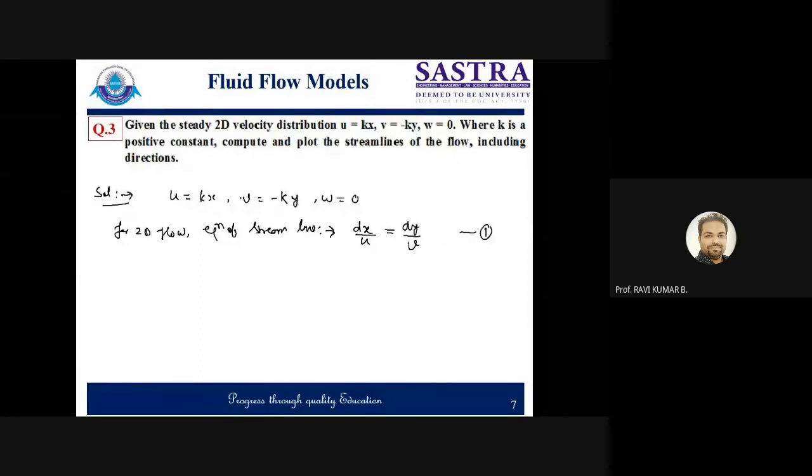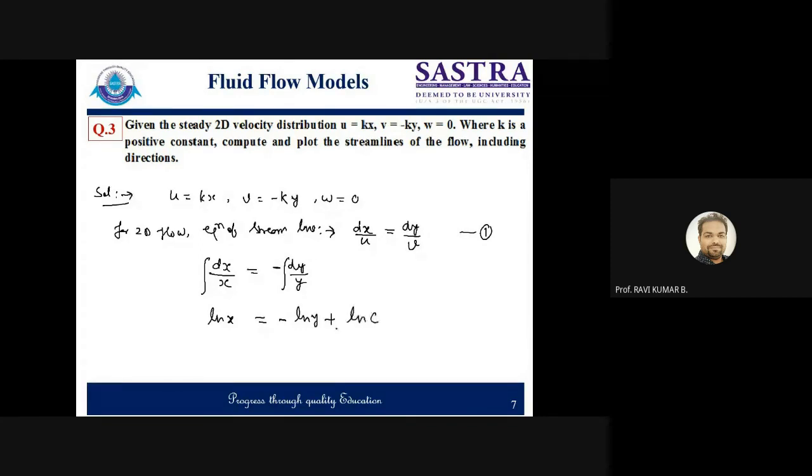Just put all these values. The moment you put the values, this becomes dx divided by x is equal to minus dy divided by y, because this is minus. Now what you need to do is simply integrate both the terms. So the integration of 1 by x dx will be ln x is equal to minus ln y plus another constant, ln of c.